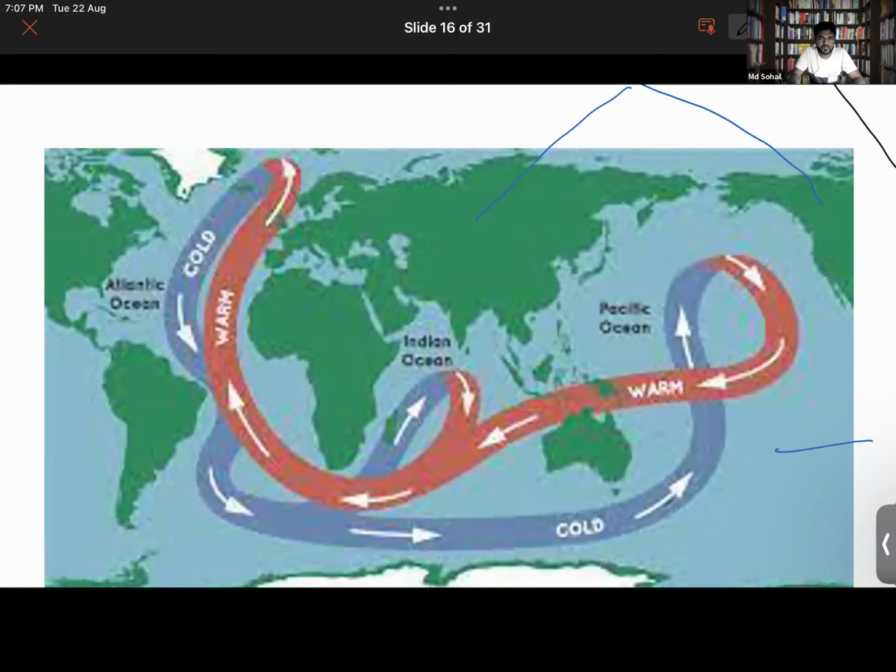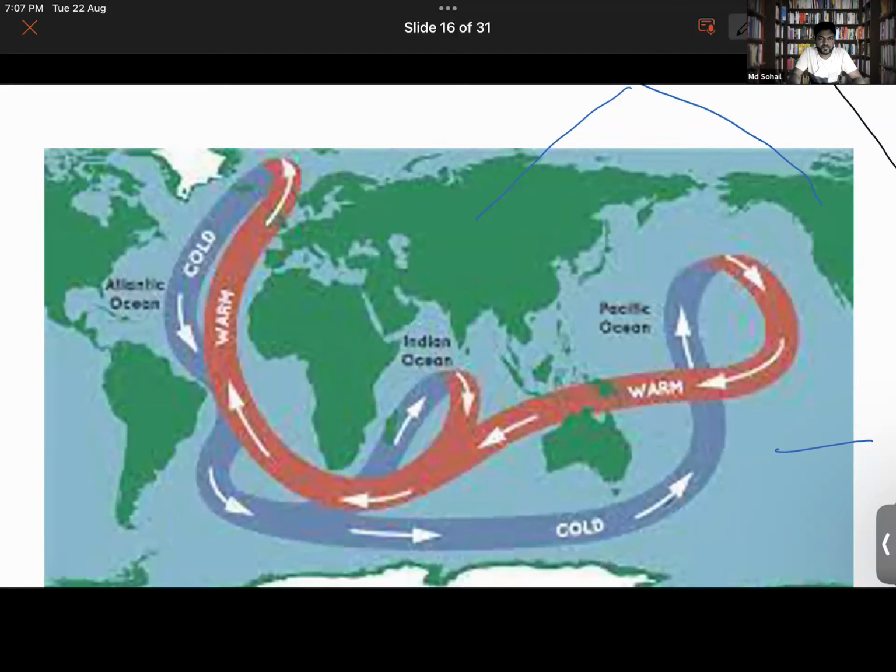Now, what is the relevance of understanding this convection current in context to boiling water? Look here, let me give you the context. This is your land, this is your water. Guys, do tell me which one will heat faster, land or water?